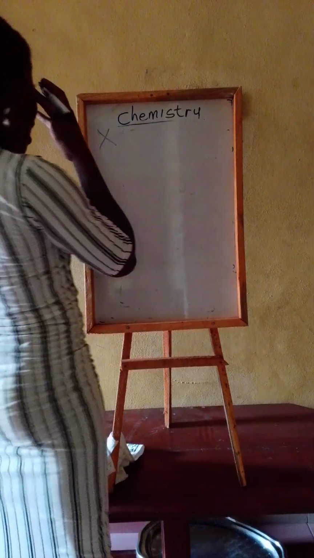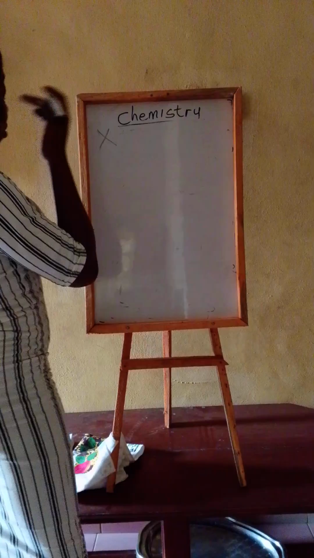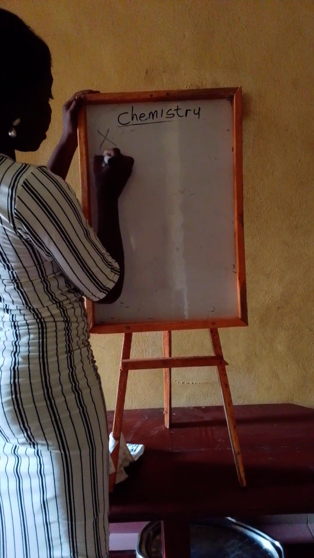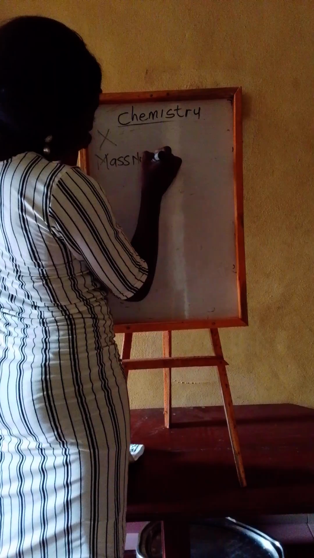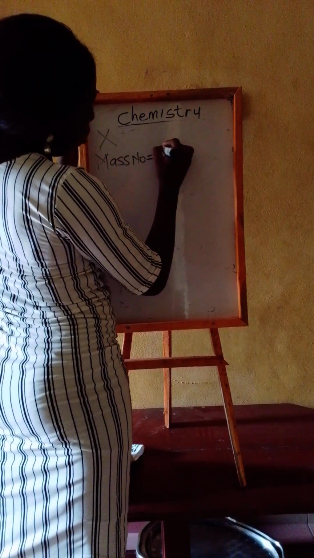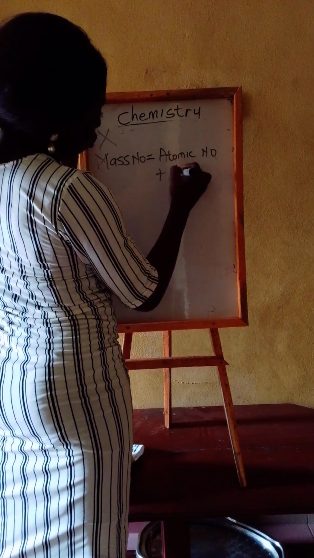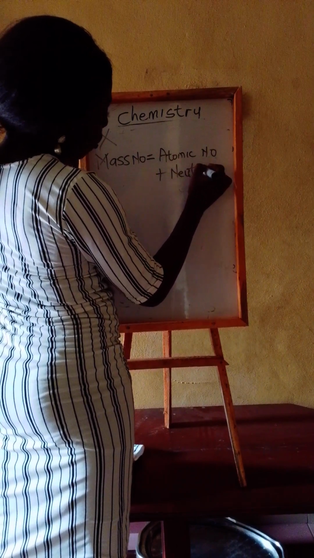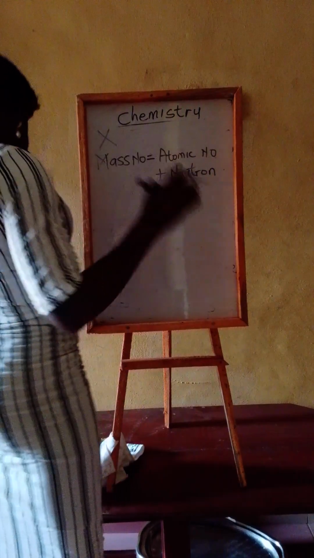So we are given the number of neutron. But when you have a question like this, remember that we said mass number equals atomic number plus neutron.